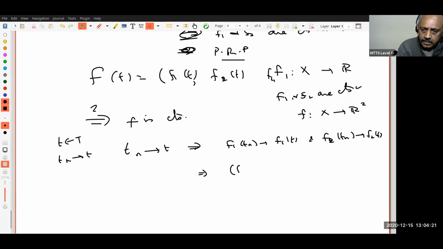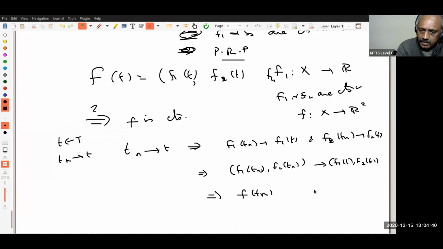This implies f1 of Tn, f2 of Tn converge to f1 of t, f2 of t. Why? That is how the convergence happens in R2. Right? But what is this? This is f of Tn by definition. And what is this? This is f of t by definition. Right? So I have proved f is continuous. Okay. Pause, review, proceed.